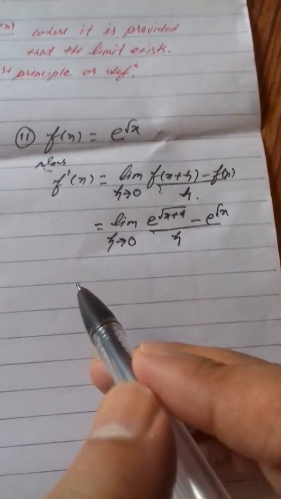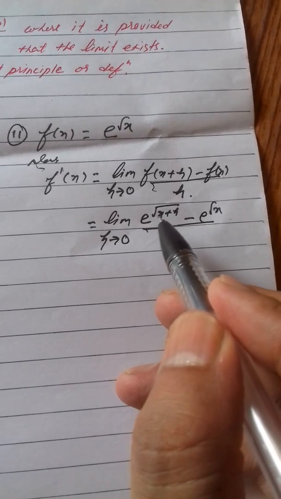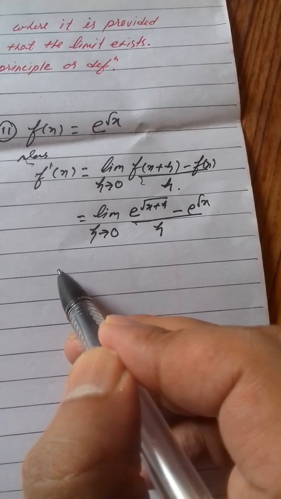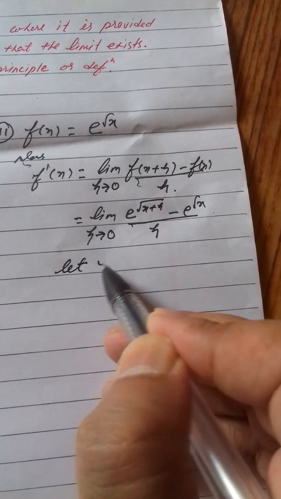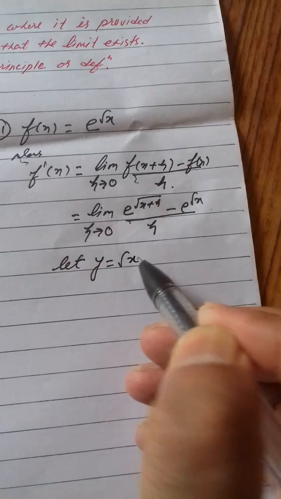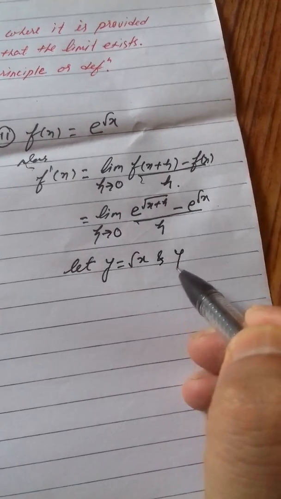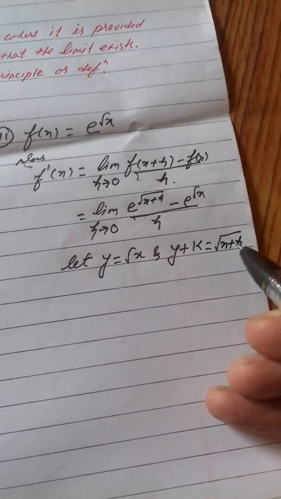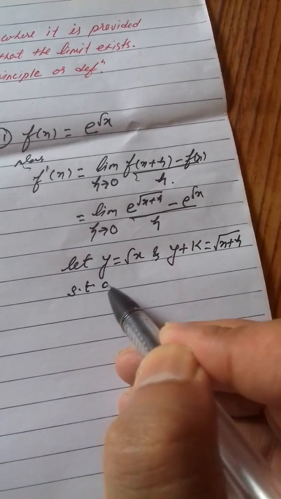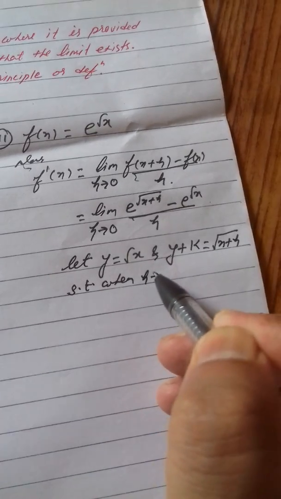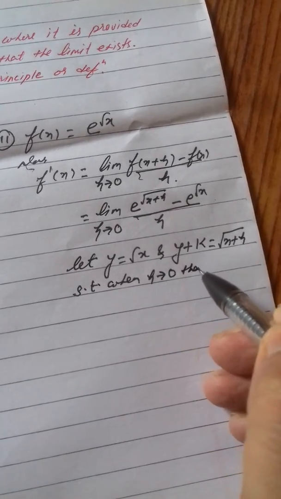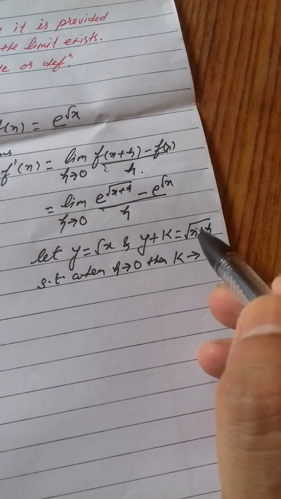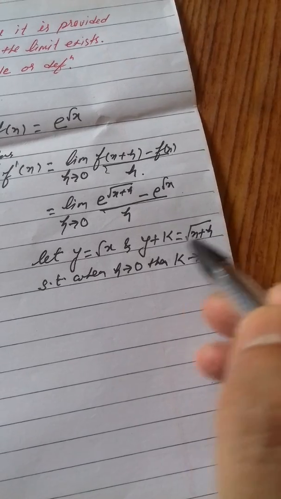Now after this, taking the help of y and y plus k, we can simplify it. Taking y equal to root under x and y plus k equal to root under x plus h, such that when h tends to 0, then we get k tends to 0, because if h is 0, then k will be root x minus again root x, k also 0.